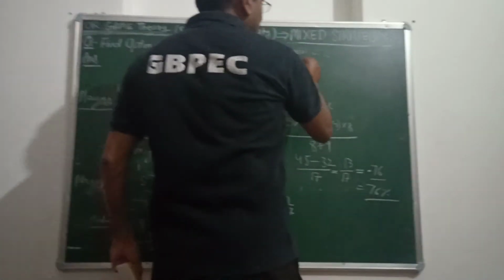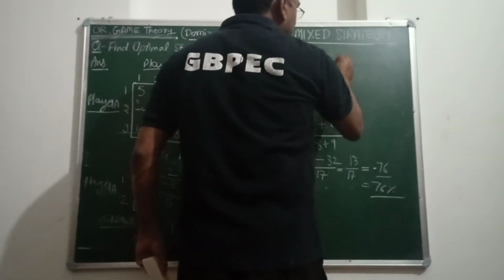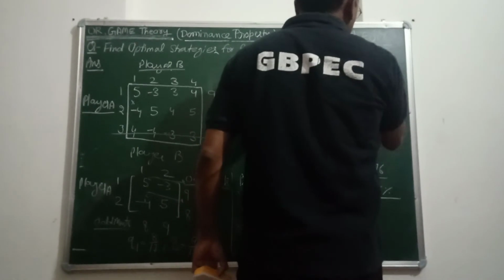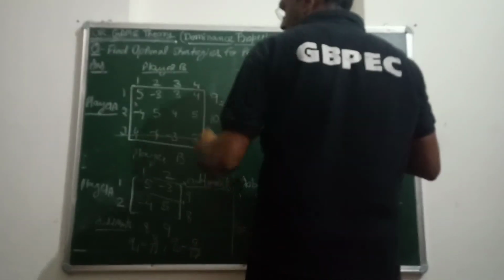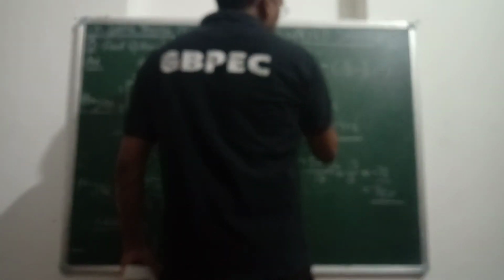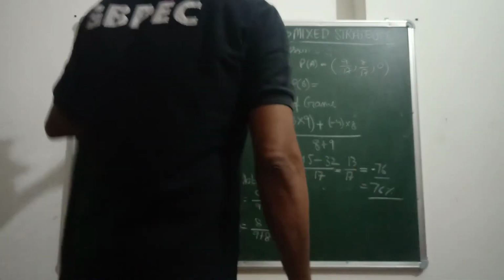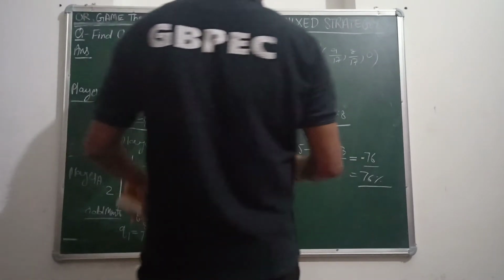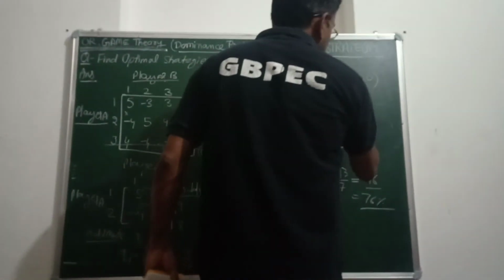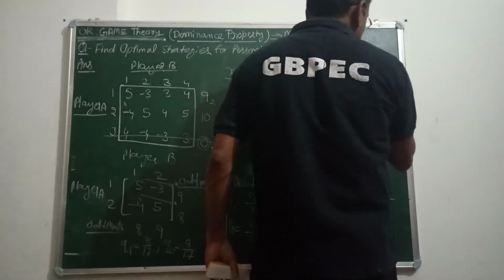So the answers are: value of game is 0.76 and probability for different strategies. The probability of A for playing different strategies is 9 by 17 for strategy 1, 8 by 17 for strategy 2, and for the third this is 0. Similarly for the probability of B's use of different strategies, for 1 it is 8 by 17, for 2 it is 9 by 17, for strategy 3 it is 0 and for 4 it is 0.